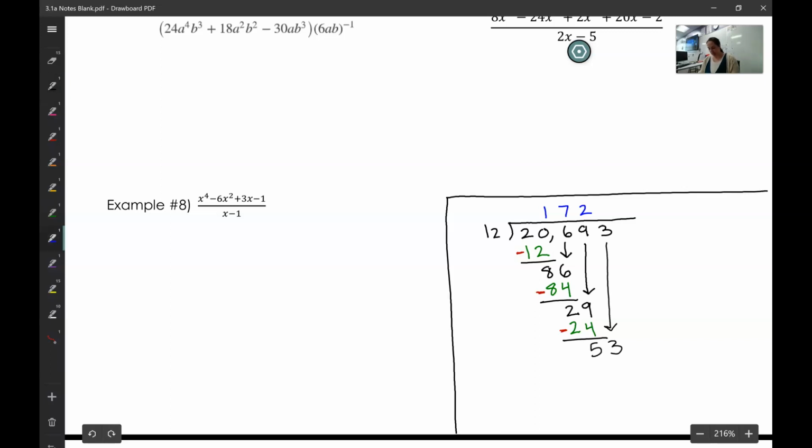How many times? 4. Then we multiply. 12 times 4 is 48. Then we subtract. 53 minus 48 should be 5. And this 5, if you remember from elementary school, is your remainder.